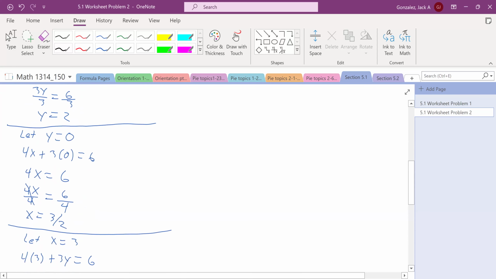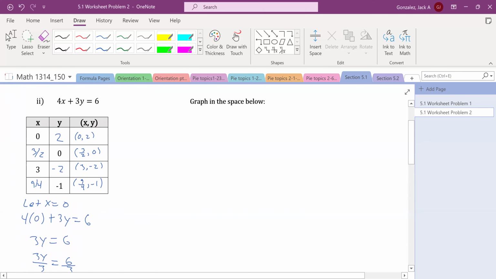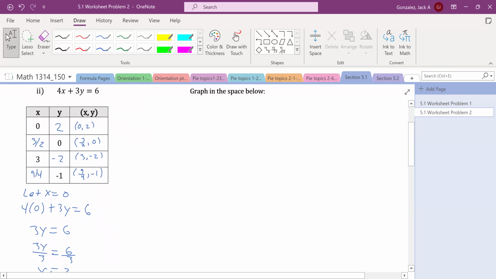I'd say use the intercepts. You don't have to use those fractions. Maybe these two, the 0, 2 and through 3, -2, just connect those. Don't bother with the 3/2 or the 9/4. It's kind of annoying. Just connect two nice numbers, if you have them.